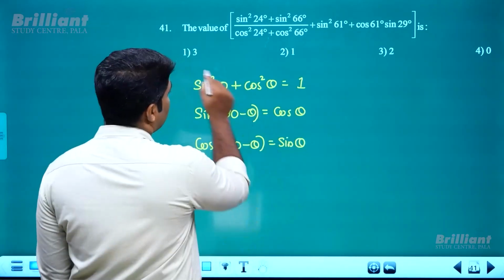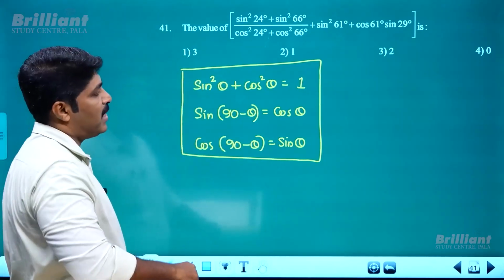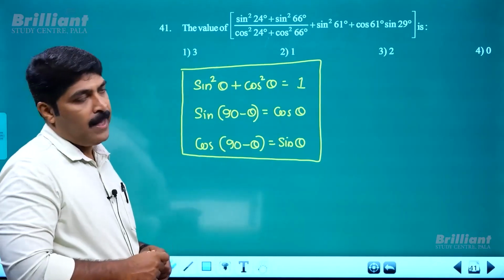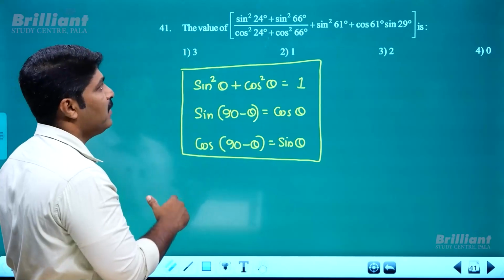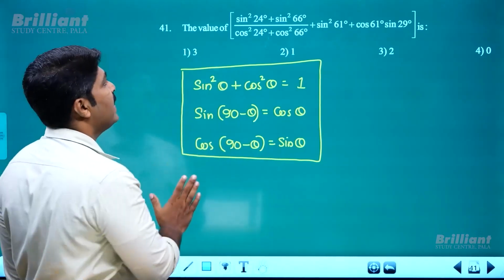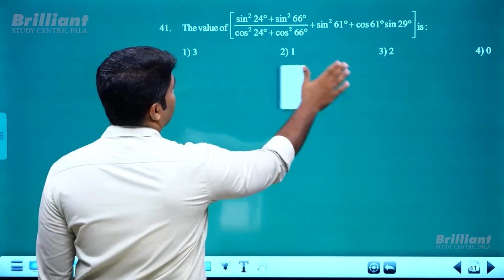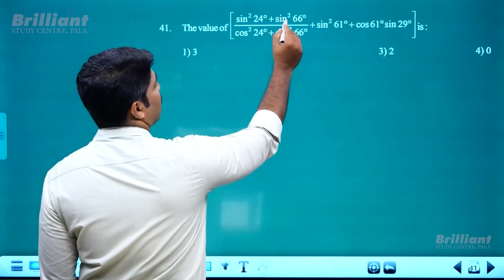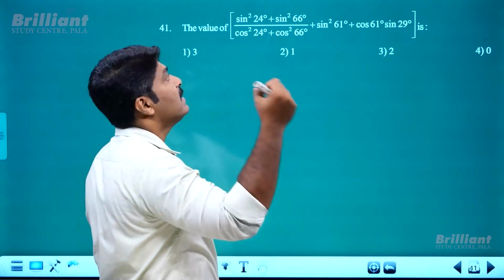So we are using these three results, the allied angle concepts and the identity, for solving this type of question. With the help of the given information, we make the suitable allied angle conversions. So how to do it? Here, for making the identity applications, we consider this sine square 24. We have to convert this sine square 66 also in the form of sine.